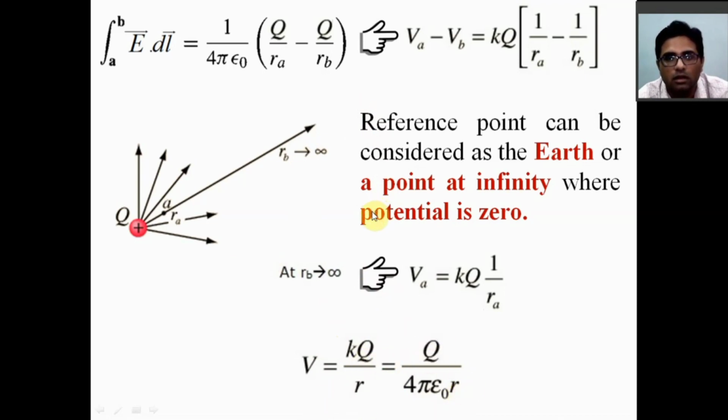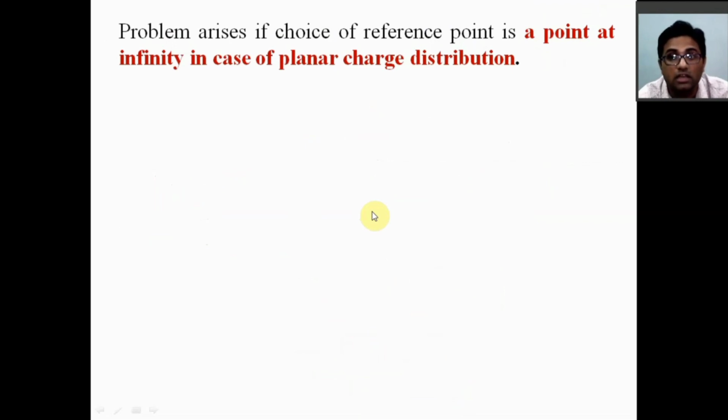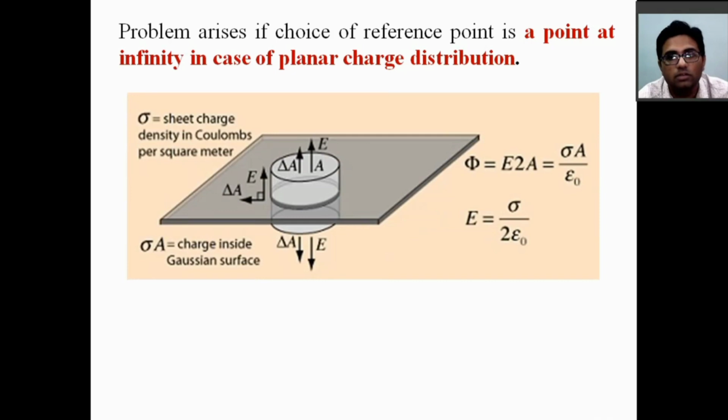Now a problem arises if the choice of reference point is a point at infinity in the case of a planar charge distribution. Let's understand that. To find the potential, we need the electric field, and using electrostatic Gauss's law we can find that. We construct a Gaussian pillbox which straddles the charged surface.